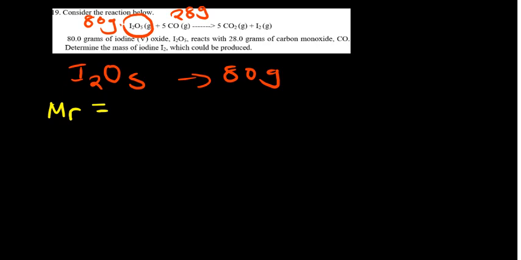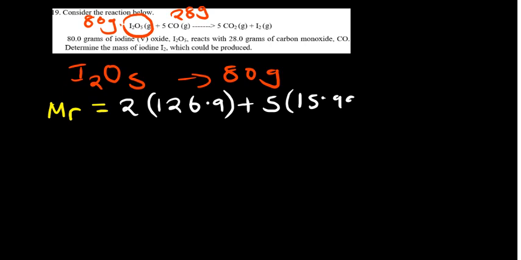So how many atoms of iodine do we have? We have 2. I'll write that. Then the atomic mass is 126.9, plus 5 atoms of oxygen, which is 15.9994.